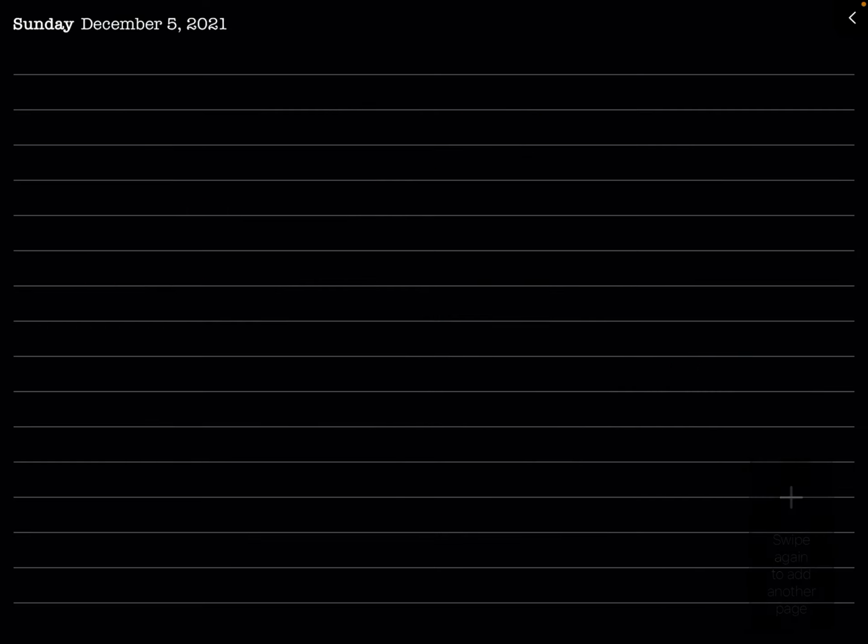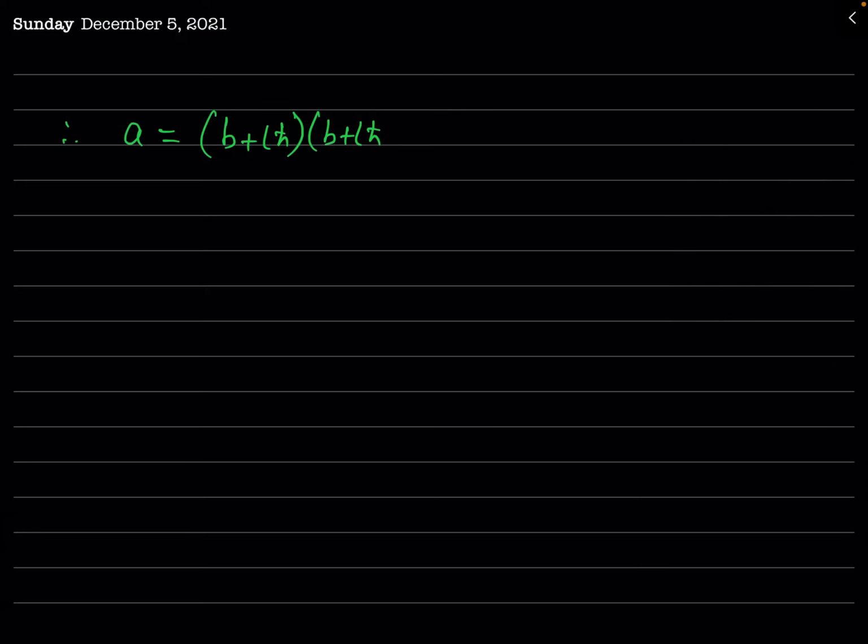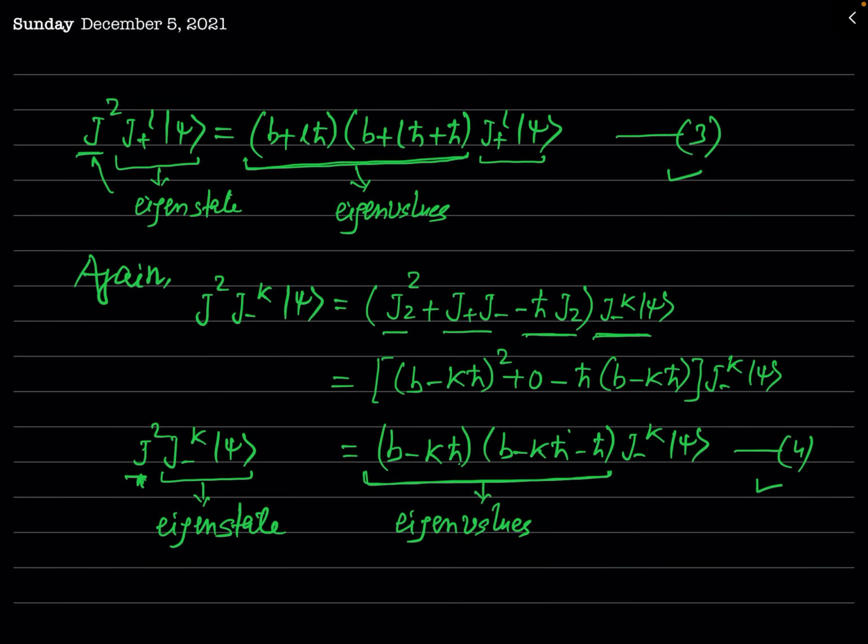So we can write here, therefore a, which we have assumed is the eigenvalue of J square, can be written as b + lħ times (b + lħ + ħ), and this will be equal to this much.